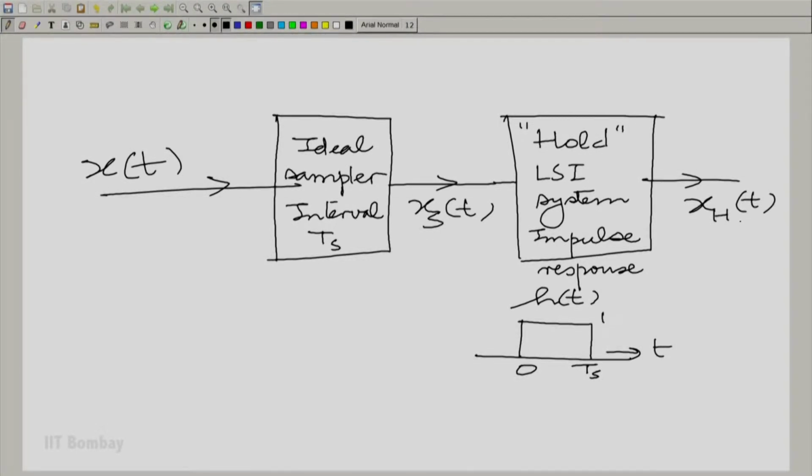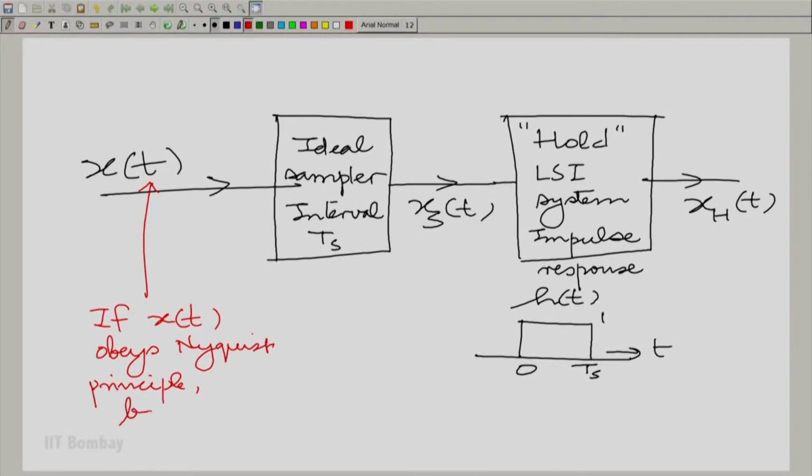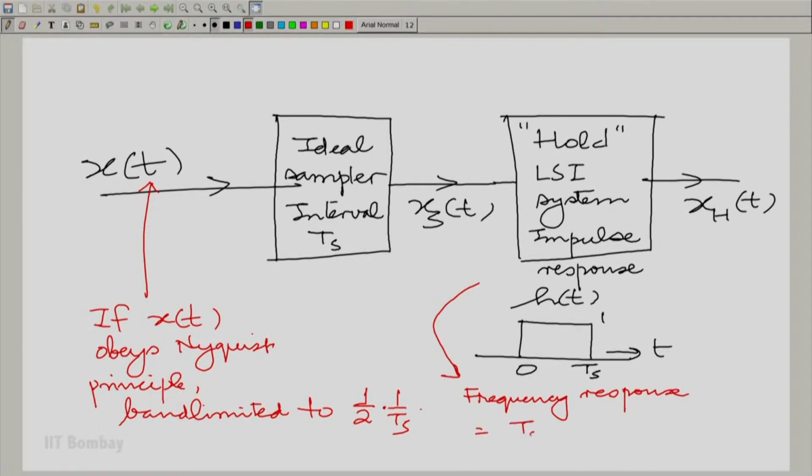Now, let us consider x(t) to have obeyed the Nyquist principle. So, if it obeys the Nyquist principle, it is band limited. There can be no frequency component more than half of the sampling frequency, which is 1 by Ts. And we also know the frequency response of this. We have calculated it. Let us see graphically what is going on here.